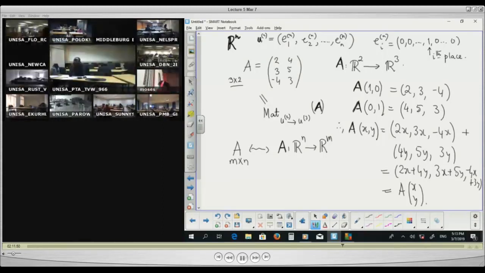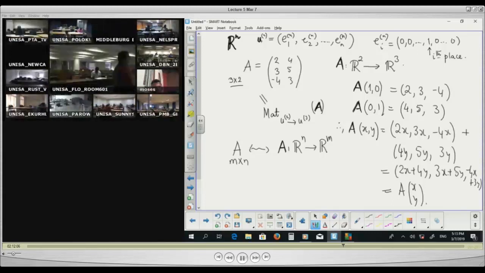When you say A of x, y, the coordinates there, then you go 2x, 3x, minus 4x. Can you please explain that step? Which one?